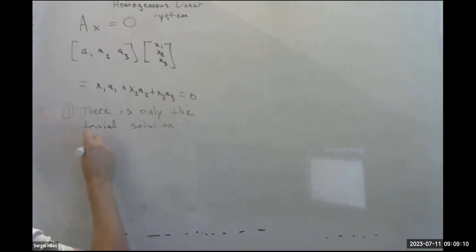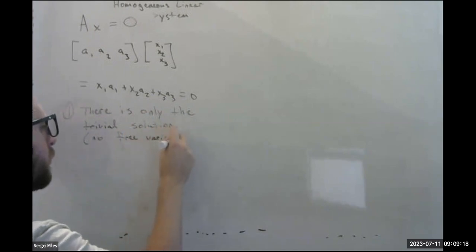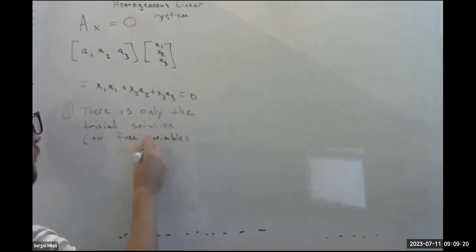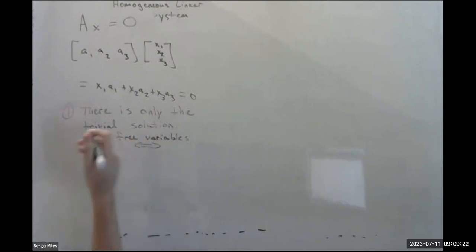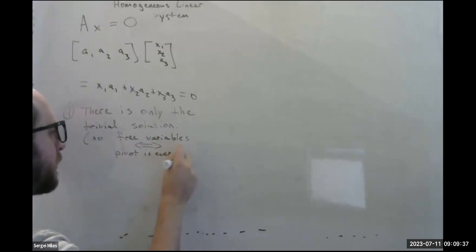This is when there are no free variables. Or to put another way, having no free variables is the same thing. So I'm doing this double arrow with the arrow going in both directions. This is an if and only if. No free variables means you have a pivot in every column.